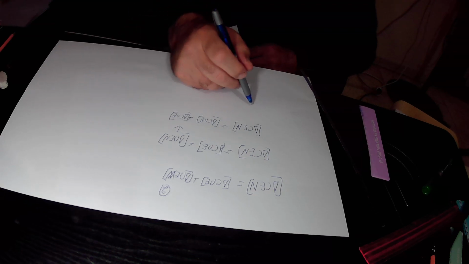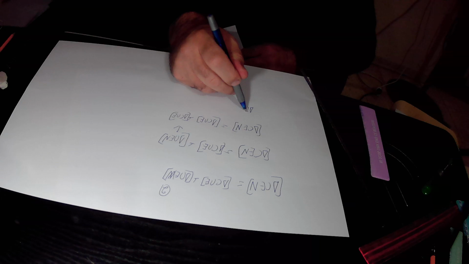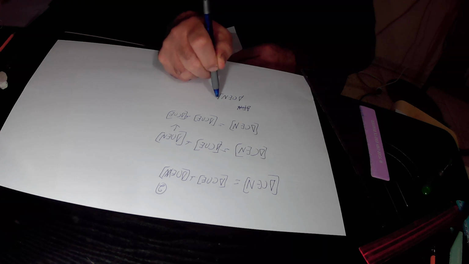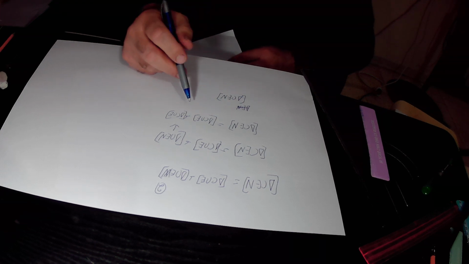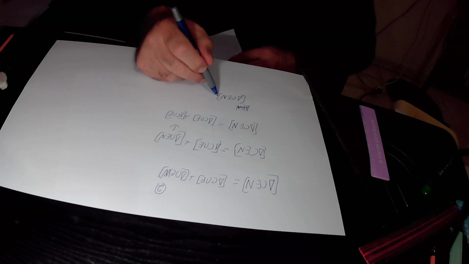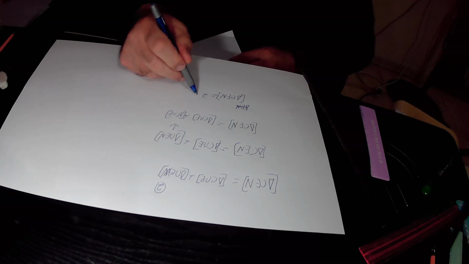So in total, we found that the area of the big triangle CEN is equal to the area of the green triangle COE plus the area of the green triangle COE. That is to say, it is equal to 2 times the area of the small green triangle COE.